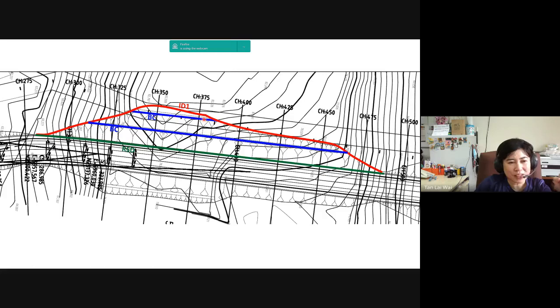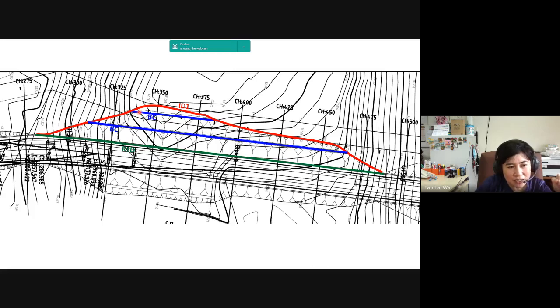Then you have the bench drain. For this bench drain, the drainage area is just this area here. You have another bench drain. This bench drain here, the drainage area is this part here, because when rain falls on this part, it will drain into this bench drain.